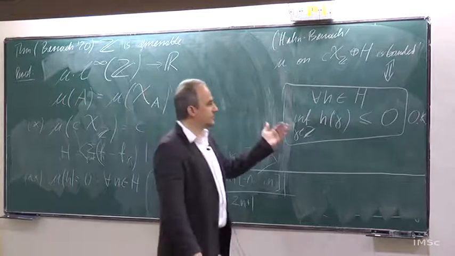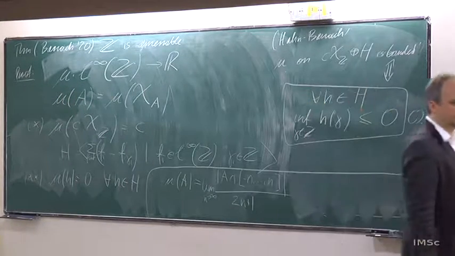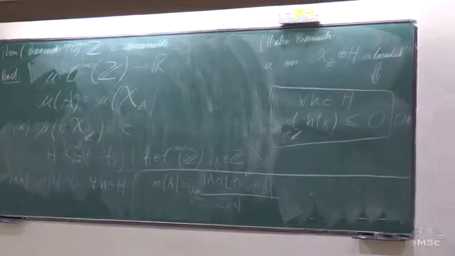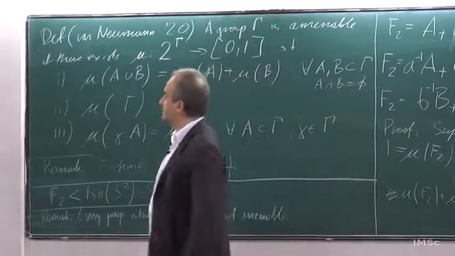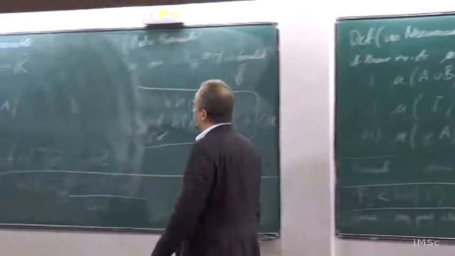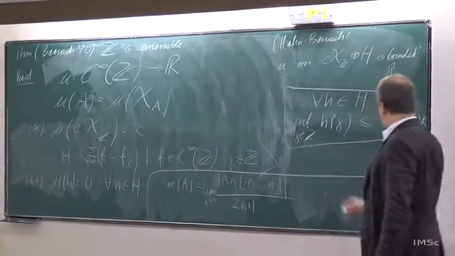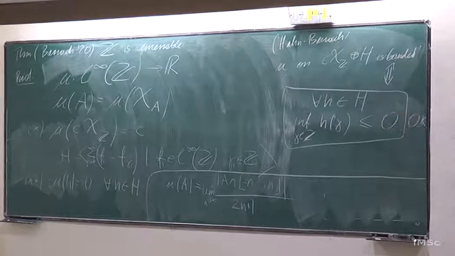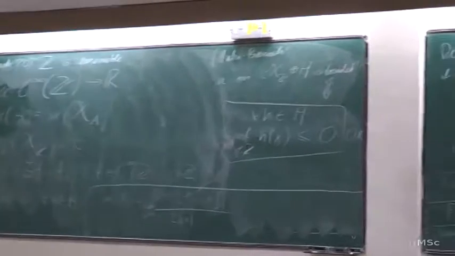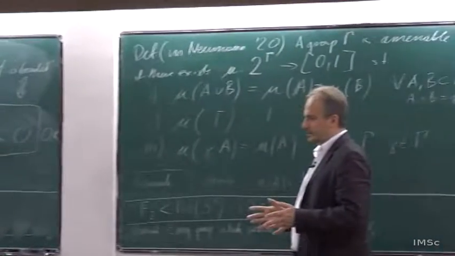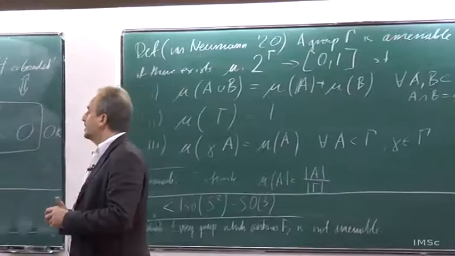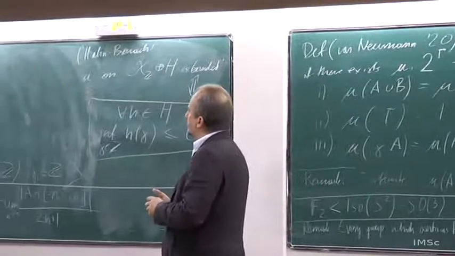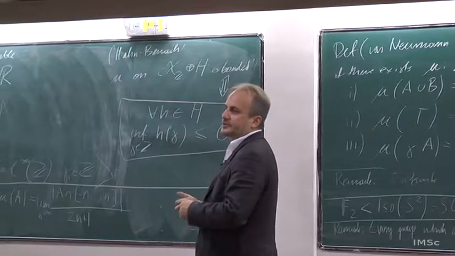And there is no uniqueness of such a measure by no means. It's easy to see that, for instance, for any such mean, the density of even integers is 1/2.